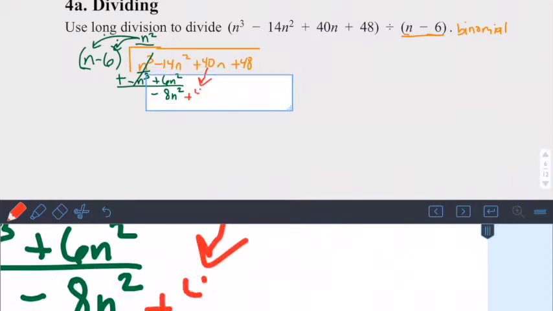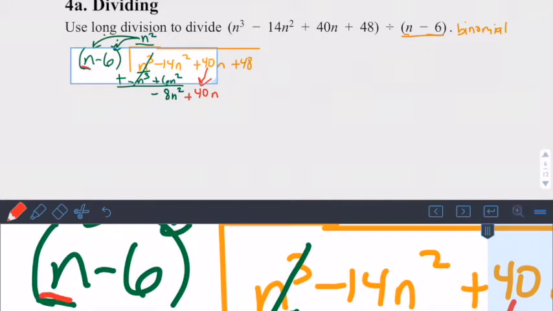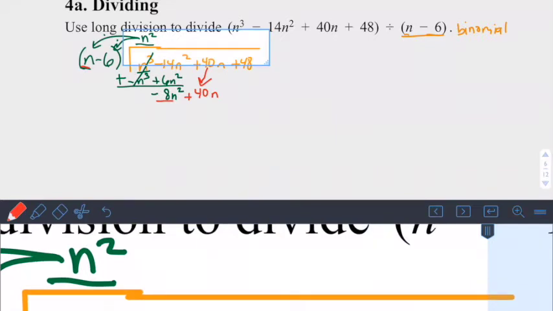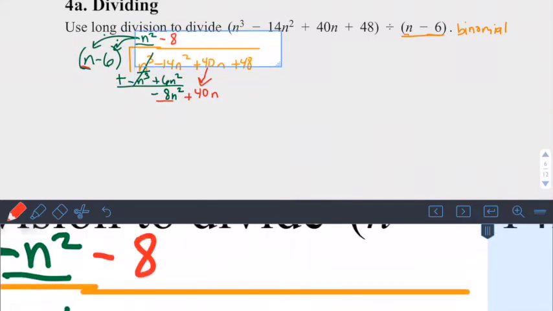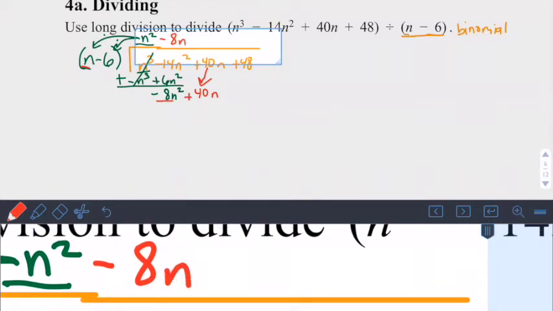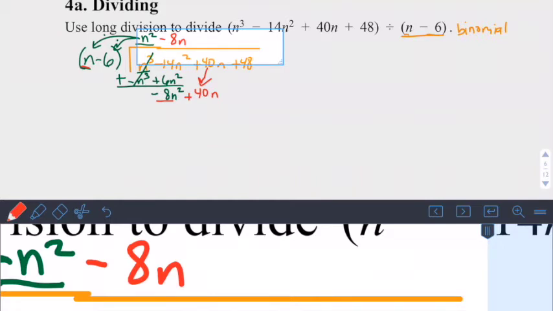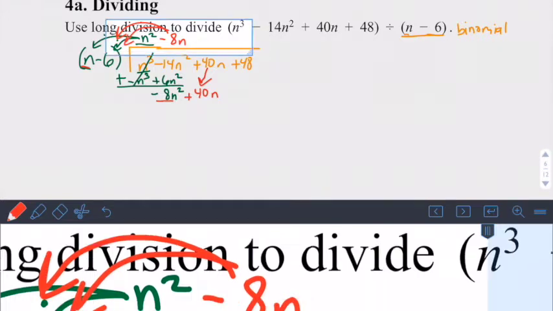So plus 40n. Now I need to figure out what times n will give me negative 8n squared. Well, the number is going to be easy. Minus 8 times n will give me minus 8n, and then we need n times n to get that n squared. So negative 8n, and now I have to multiply it through to both, like last time.